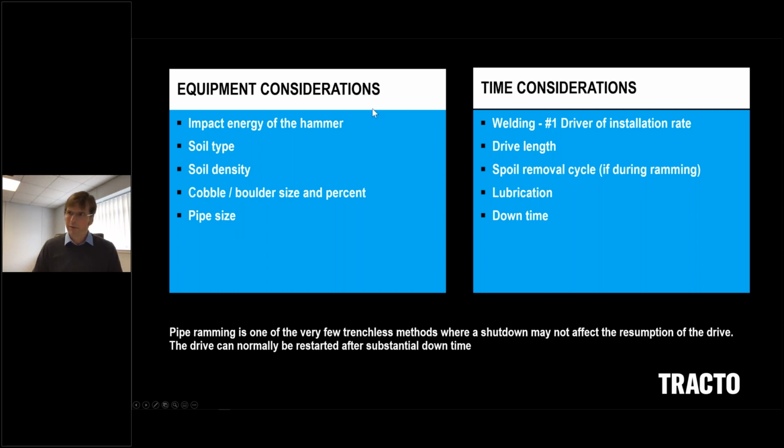Those are some of the equipment considerations, but we have time considerations as well. As we generally install steel pipes in sections, we may be required to weld different steel sections together, which is a time-consuming process. We have to consider the length that we want to drive. There is a limit to the distance ramming can go. It obviously depends on the size of the machine, the size of the pipe, and the soil type.